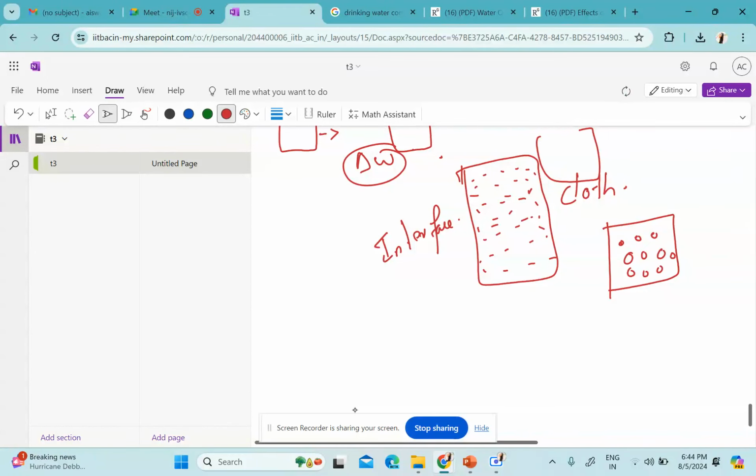If these are the pores of the cloth, and the water molecules are in the pores, then compared to the bulk water, the attractive force among the water molecules is less.